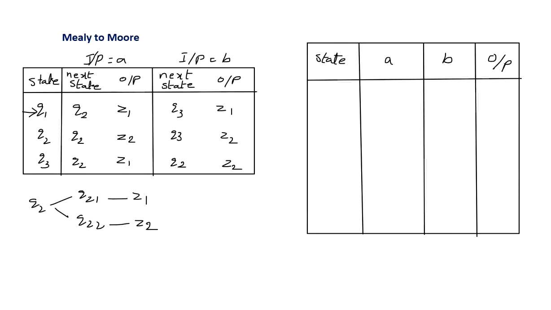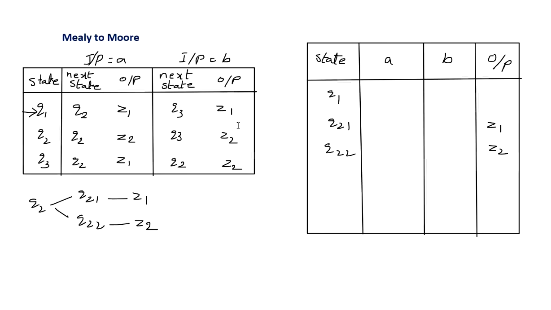So the states in the Moore machine are Q1, Q21 and Q22, and when the machine halts at Q21 output is Z1, when the machine halts at Q22 output is Z2. And if you observe in the Mealy machine, if the machine halts at Q1 output is not defined. Here we have Q2 and Q3, but we have never seen Q1 as a destination.